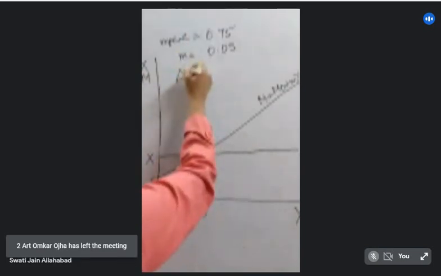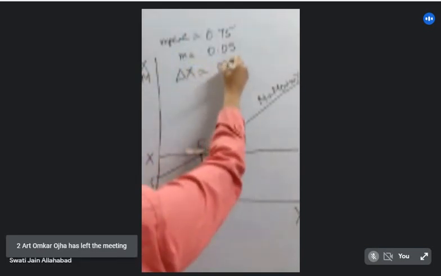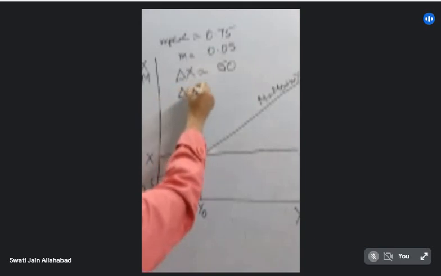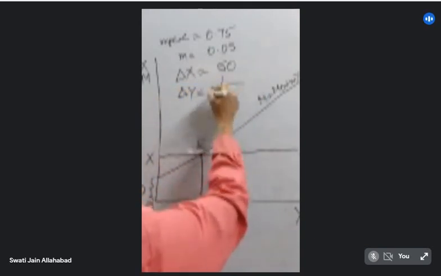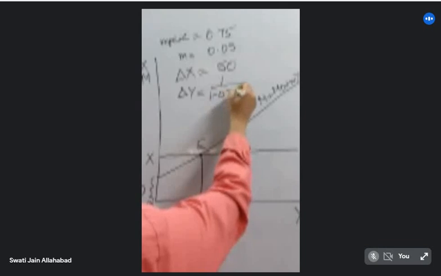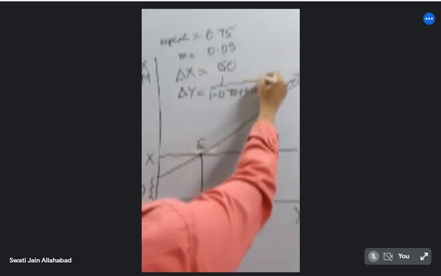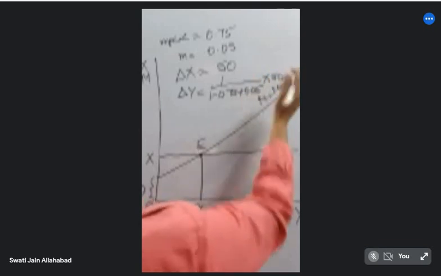And now suppose we are saying delta X is equal to 50. I am continuing with the same 50 because we used this amount 50 when we were talking about the investment multiplier, tax multiplier, and government expenditure multiplier. So let us work on the same thing and find the answer using this formula. Delta Y is equal to 1 upon 1 minus 0.75 plus 0.05, into 50.